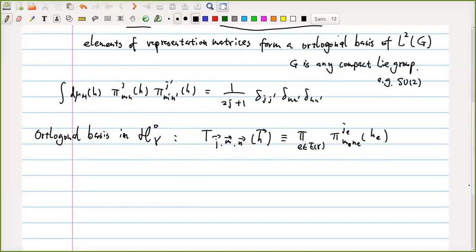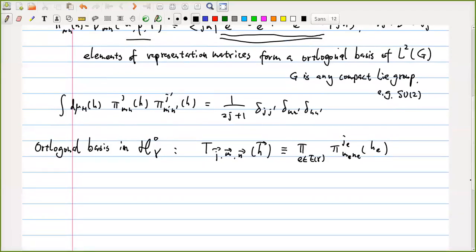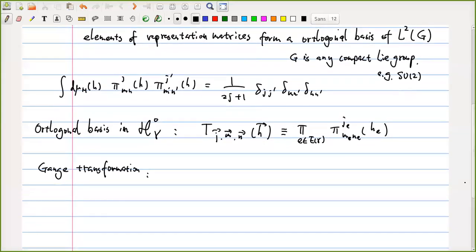All right. So now last time I mentioned that these orthonormal bases are not gauge invariant, because under gauge transformation. So this is something we should discuss now, the gauge transformation of those wave functions. Remember that we have studied the gauge transformation of holonomies. So you simply plug in.